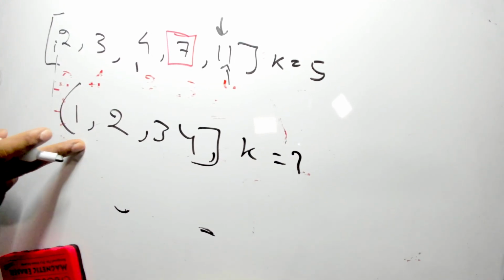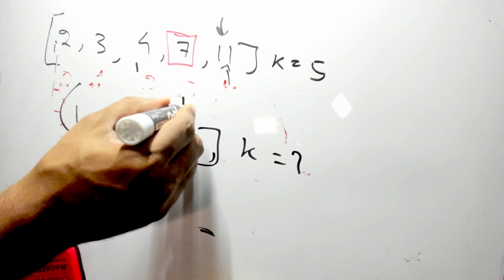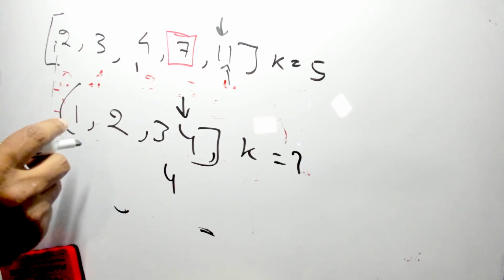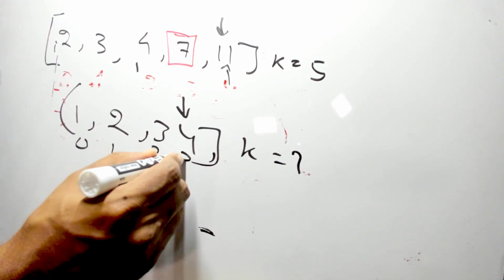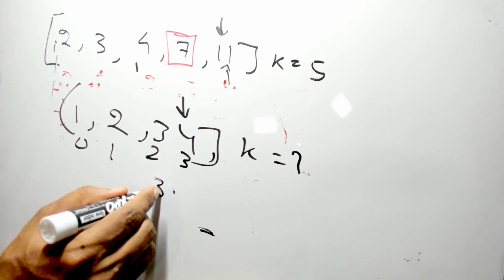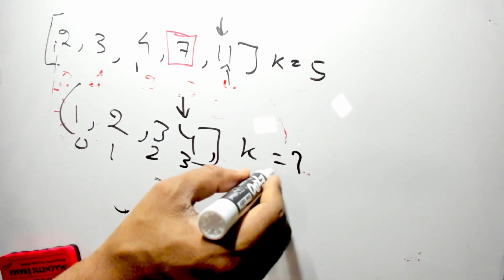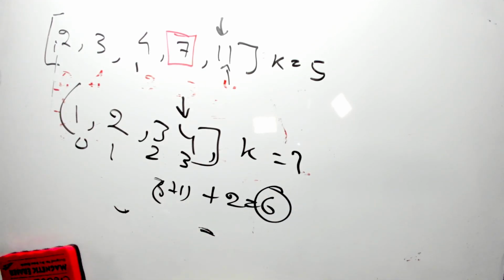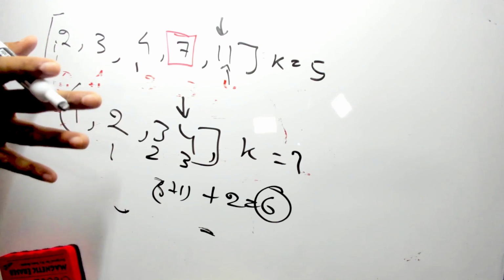Here there is no missing number. So at the end, left becomes 4: indexes 0, 1, 2, 3, and the last index 3 plus 1 is 4. Then 4 plus 2 is equal to 6, so 6 will be the answer. So this solution will work in every case.